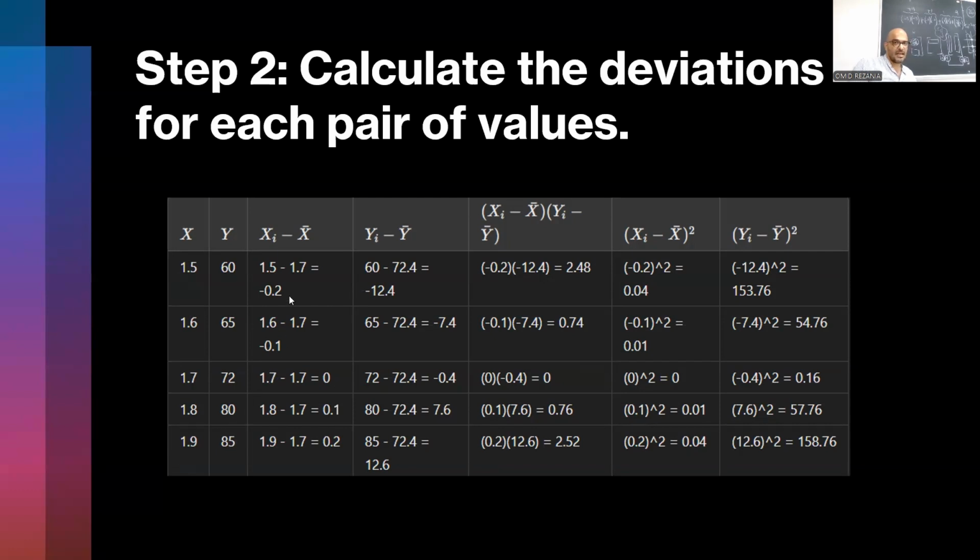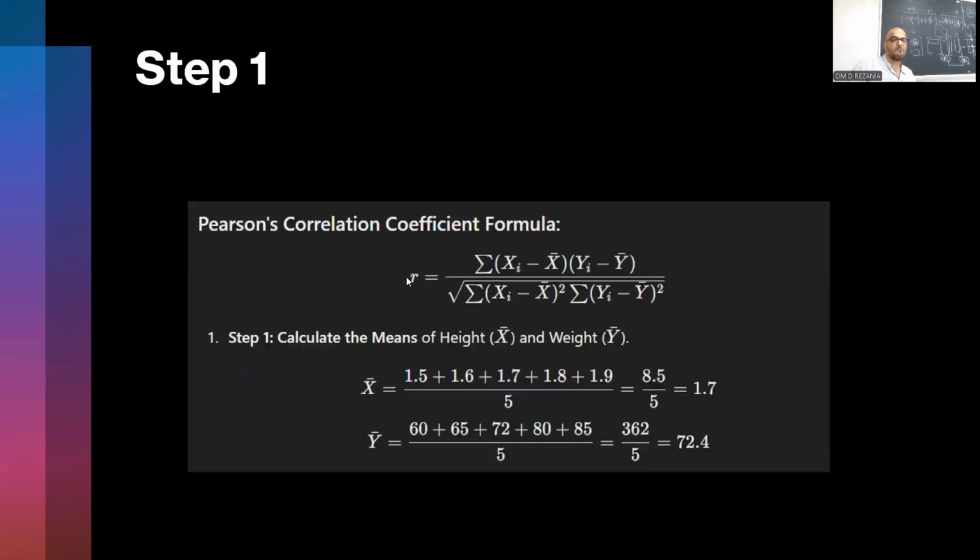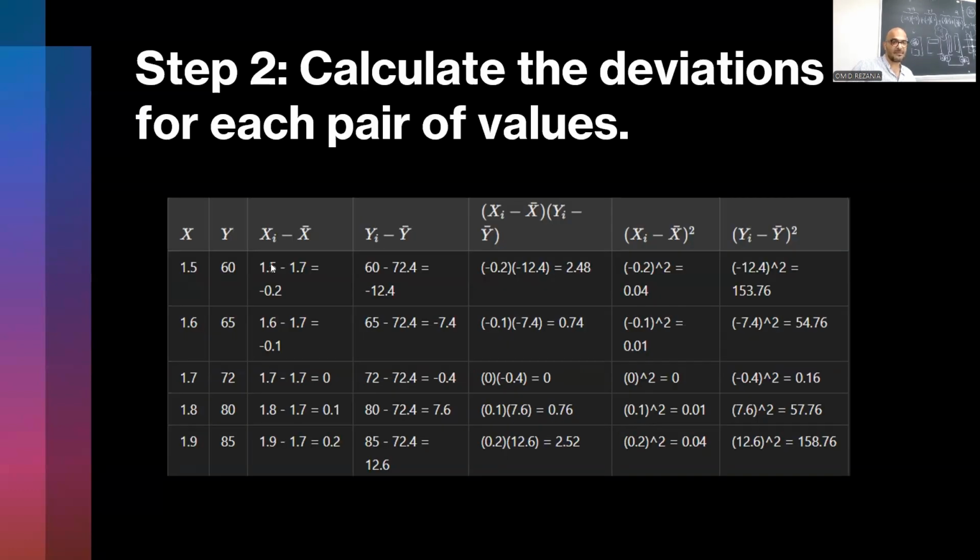In the next columns, because I'm rebuilding this formula on top, I did everything next to that. First I had to measure the deviation, xi minus x bar.